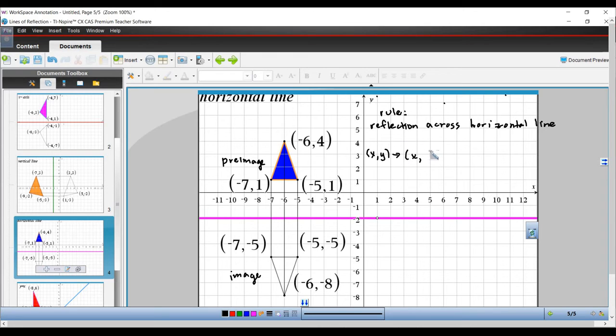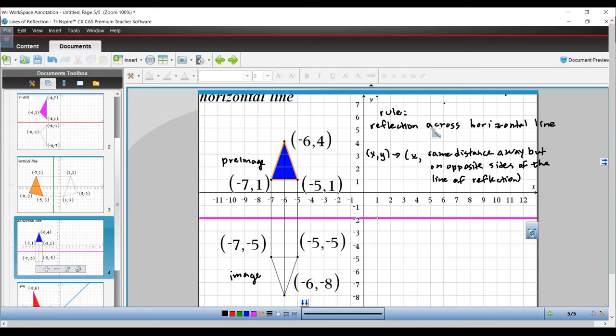All right, so the y values are the same distance away, right? Same distance away, but on opposite sides of the line of reflection.